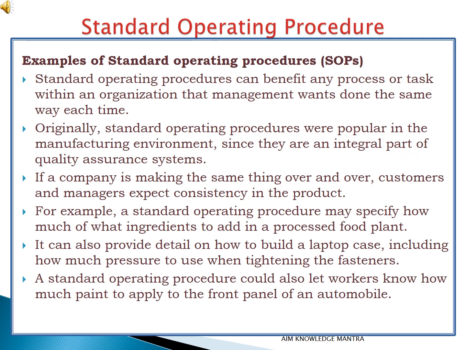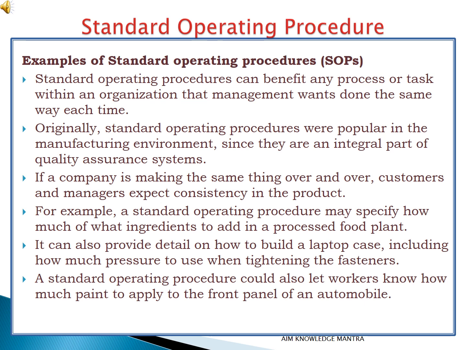Examples of standard operating procedures, SOPs. Standard operating procedures can benefit any process or task within an organization that management wants done the same way each time. Originally, standard operating procedures were popular in the manufacturing environment, since they are an integral part of quality assurance systems.